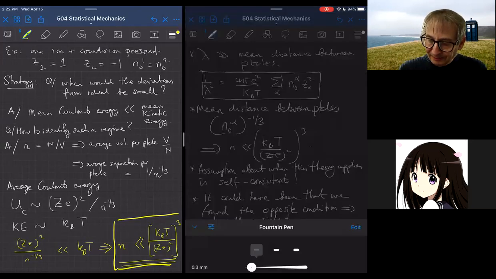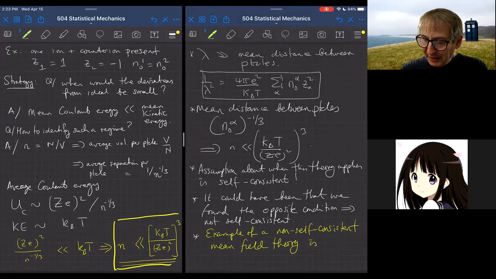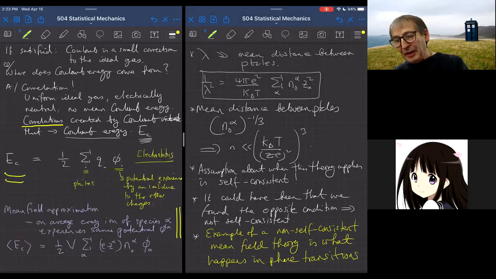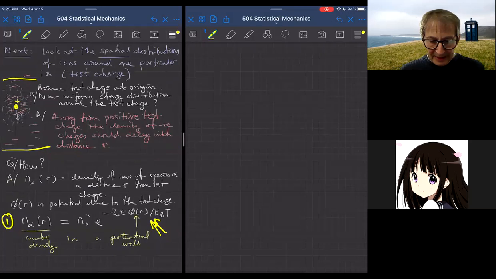An example of a non-self-consistent mean field theory is what happens in phase transitions. We'll talk about the mean field theory of phase transitions.